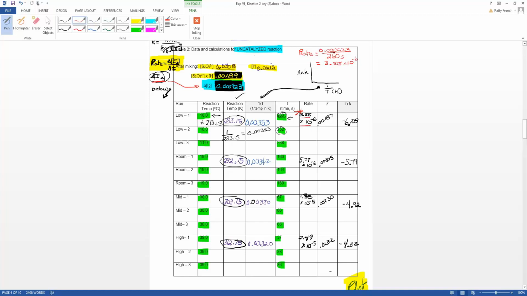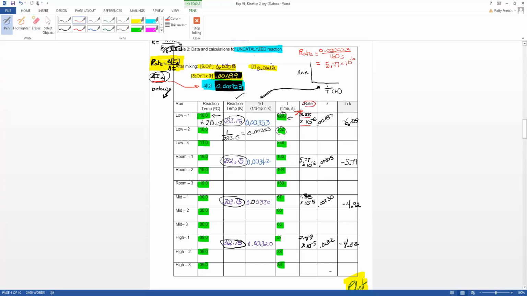Now again, I did this over and over again. 0.000923 divided by 252, etc. The other one I'm showing you is 0.000923 divided by 160 seconds, which gave us 5.77 times 10 to the negative 6th.